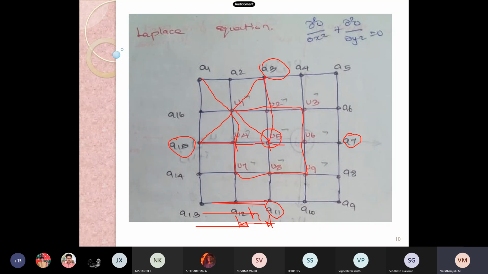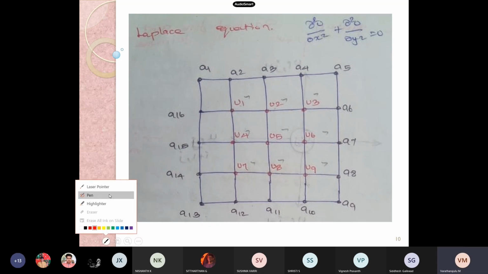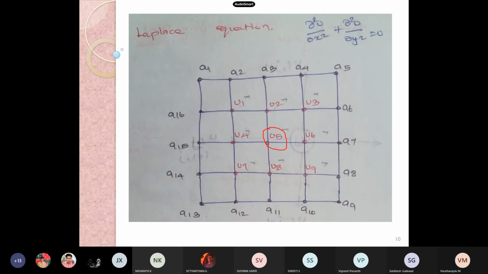This is not diagonal, we depend on the standard 5-point formula. Now that we have calculated U5, we can find U1 with the aid of the diagonal 5-point formula.